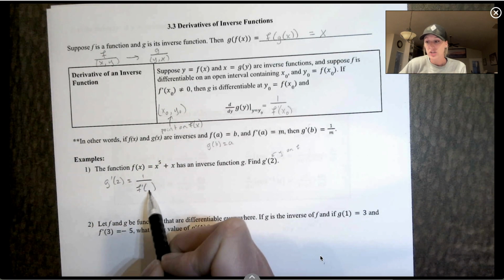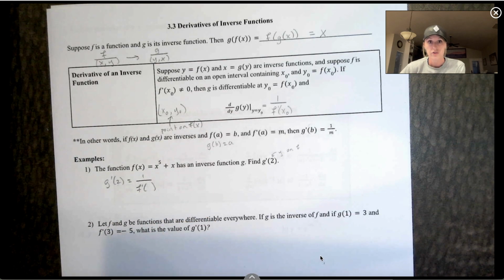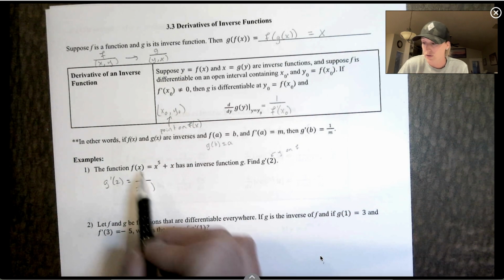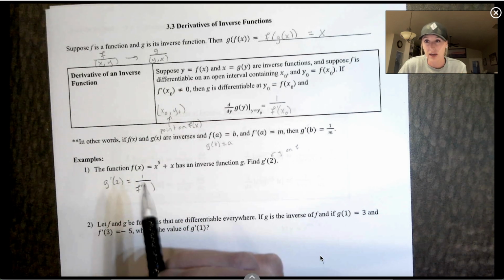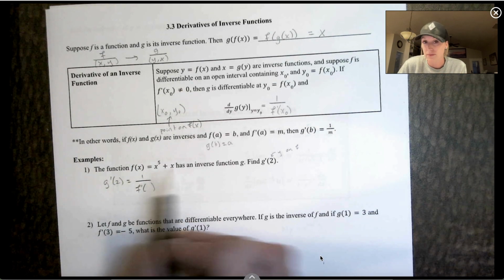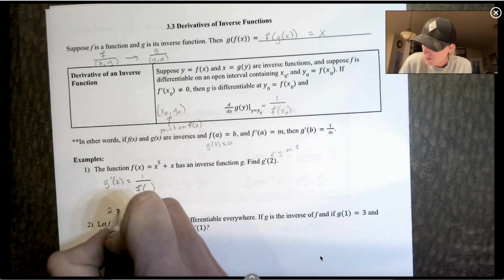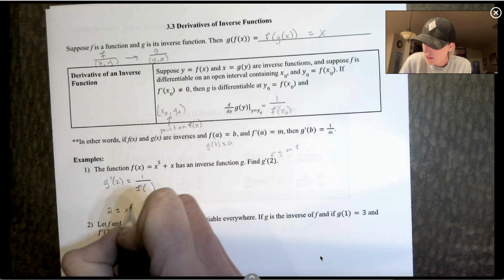I have to find which x goes with this 2. So I'm going to set f equal to 2, because 2 is the y value, or the f of x, of my original function. So I'm going to set 2 equal to x to the fifth plus x.